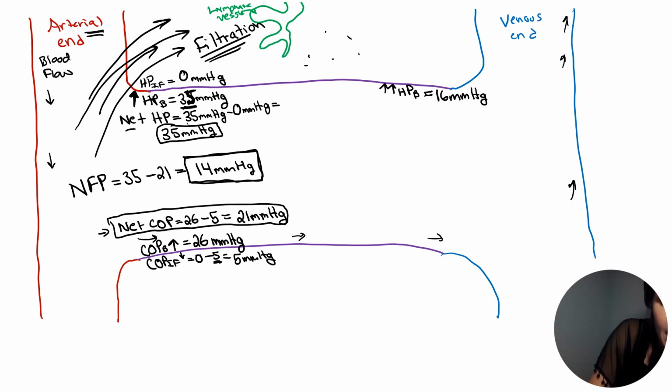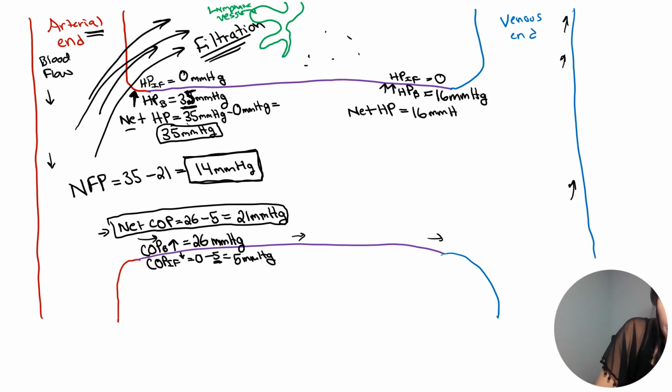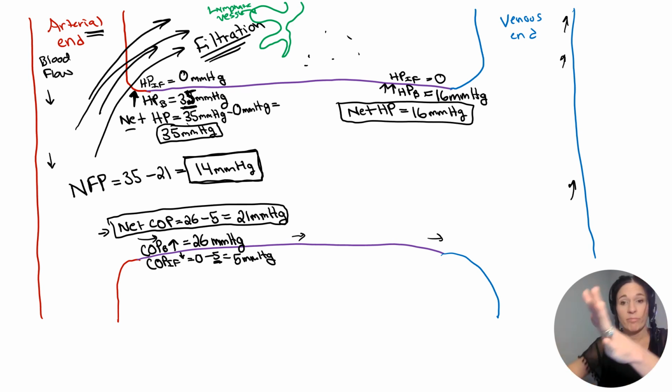So we can say interstitial fluid hydrostatic pressure is still equal to 0. Now we can calculate our net hydrostatic pressure, which is going to be 16. The plasma proteins didn't go anywhere, so our blood colloid osmotic pressure is still going to be the same, the pull.